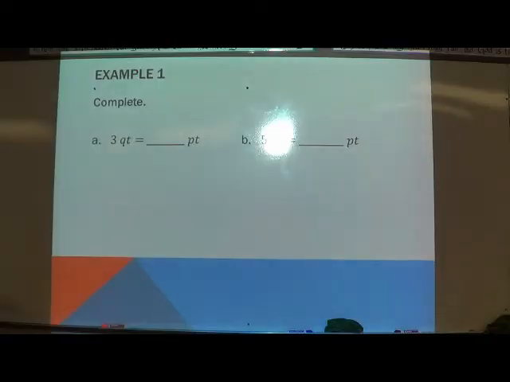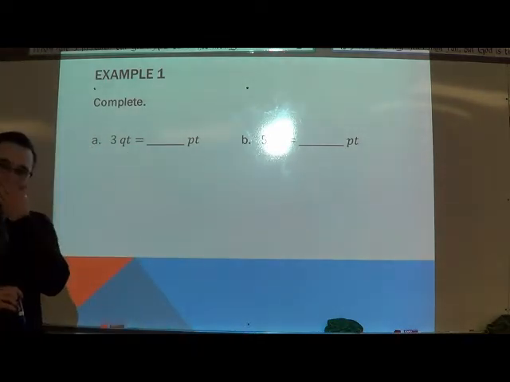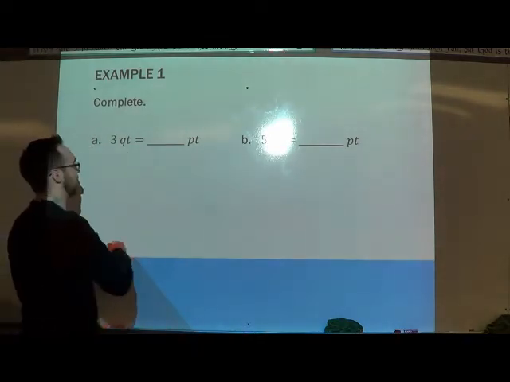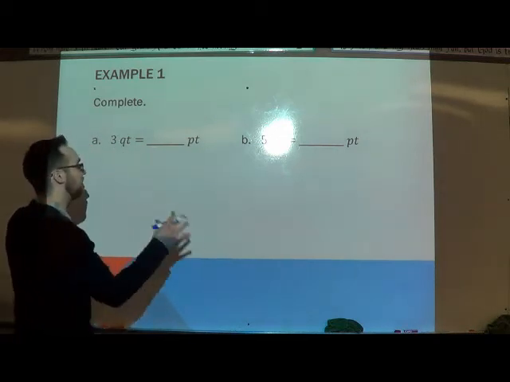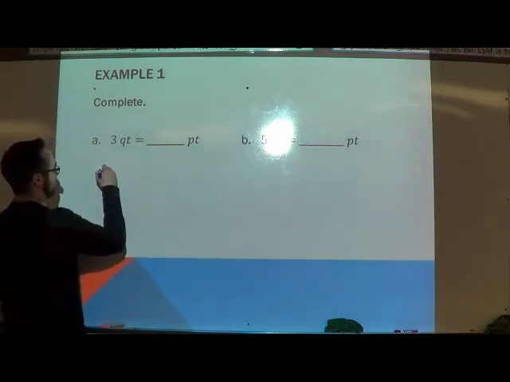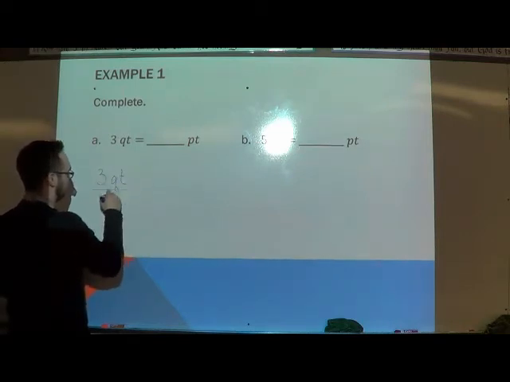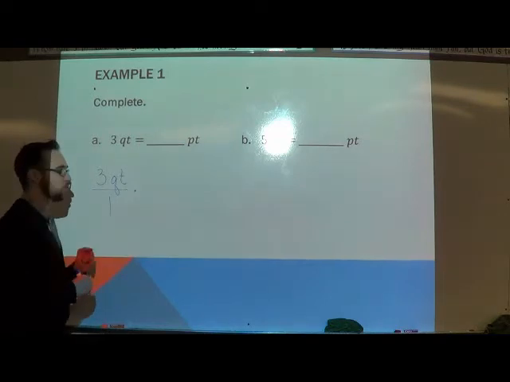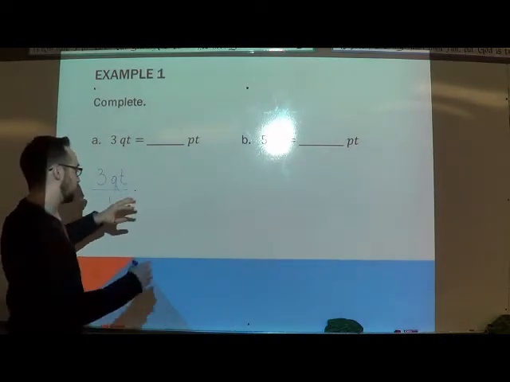Alright, let's go ahead and do some examples of this. Remember, we are going to be using conversion factors, the same way that we did them in class with length. So if I have 3 quarts and want to know how many pints, I put 3 quarts right on top over 1. Now I multiply by a conversion factor. Whatever we're moving to, that's what I want to put on top.